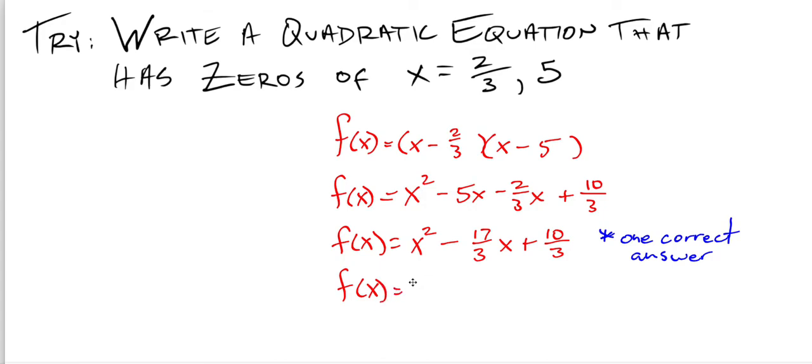So if I multiply everything, do you know why I'm picking 3? Because the denominator's 3. Everything's thirds. So I multiply by the denominator. So I'd have 3x squared minus 17x plus 10. And this would be the answer like in a textbook.